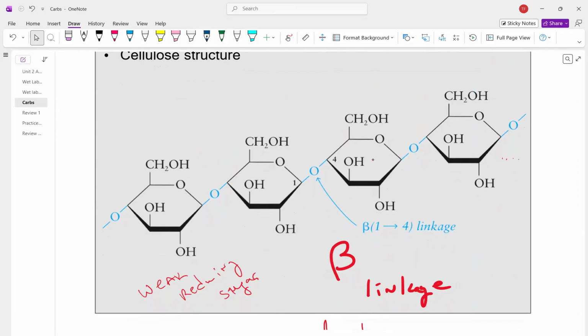And for the same reason, starch is a weak reducing sugar, same as said for cellulose. Now, we in our stomach cannot digest cellulose. It's a wonderful prebiotic, though, because bacteria do it fine. So it's frequently used as a prebiotic.